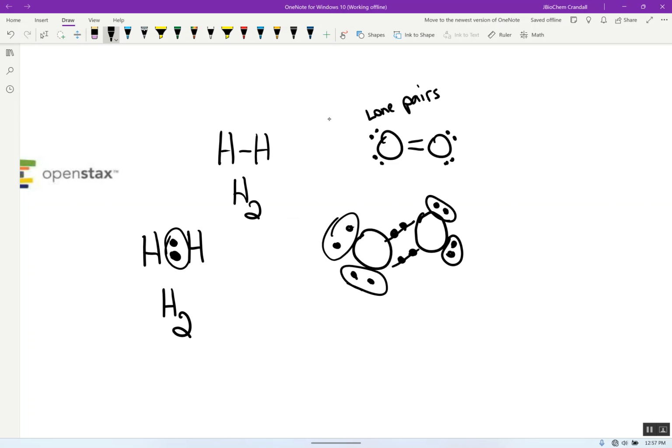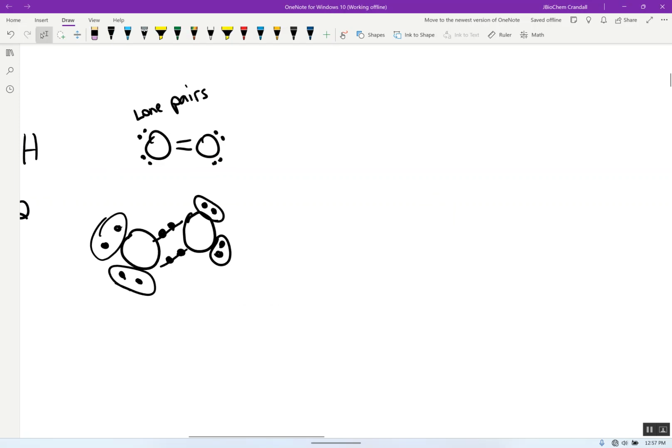Okay, so you have those lone pairs, and then you have the 2 bonds, which means you have a double bond. Look at nitrogen. Nitrogen, once again, has 1, 2, 3 electrons that are unpaired, and then 1 pair of electrons that is paired.